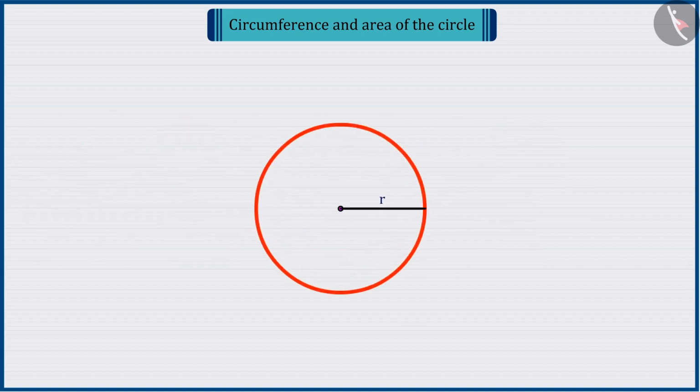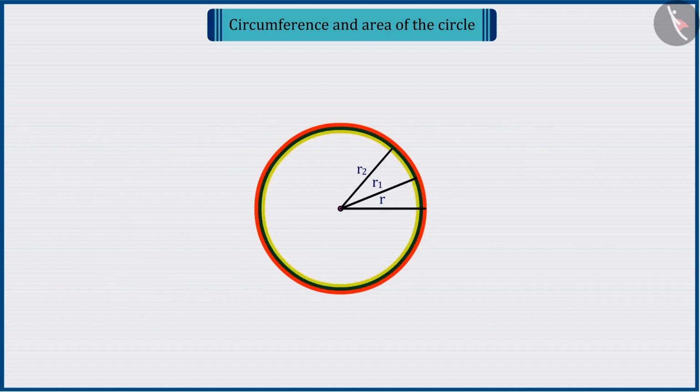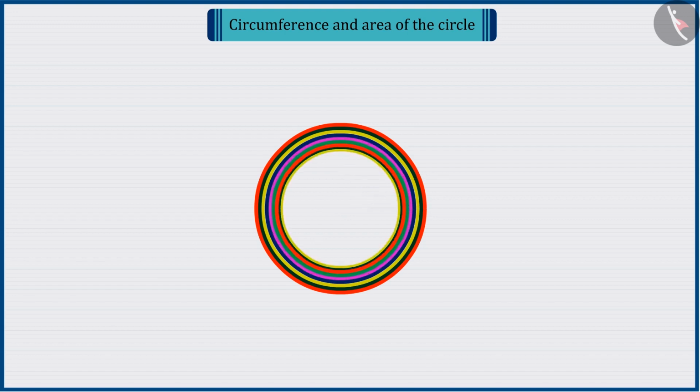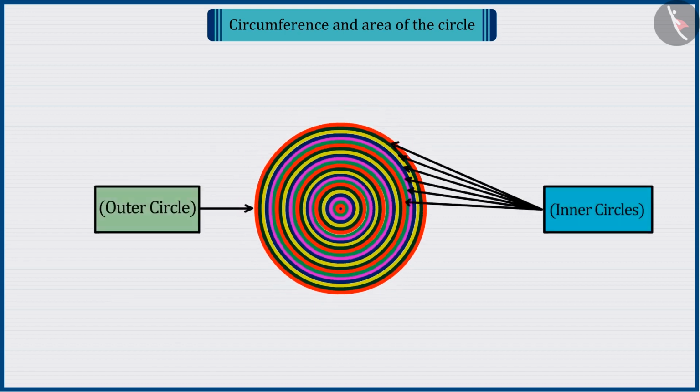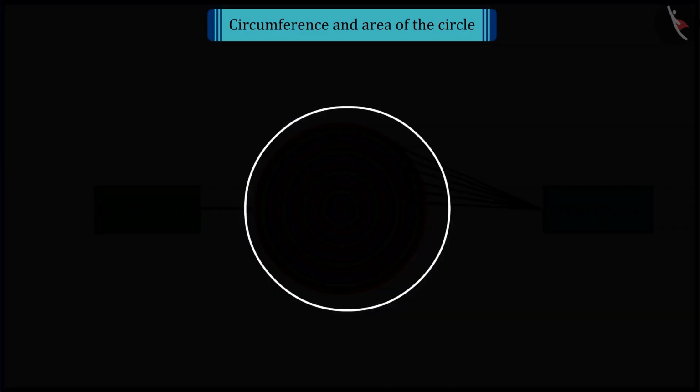It is a circle with radius r. If the circle with radius r is filled with the inner circles of radius r1, r2, r3, etc., then we see something like this. Come, let's consider one more circle.